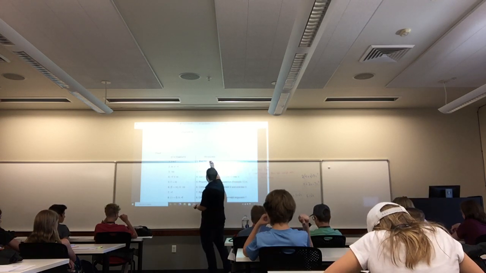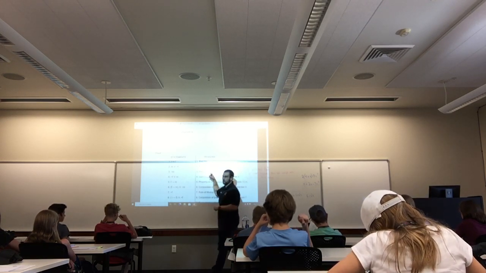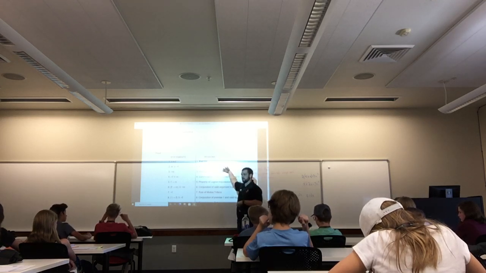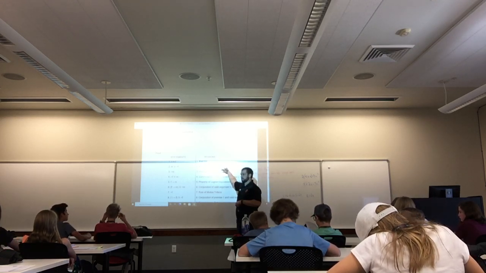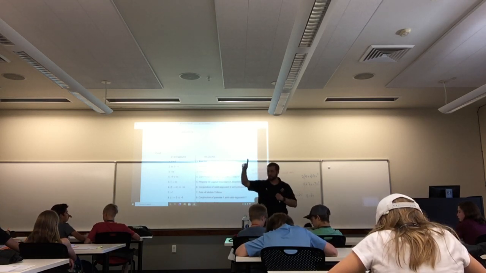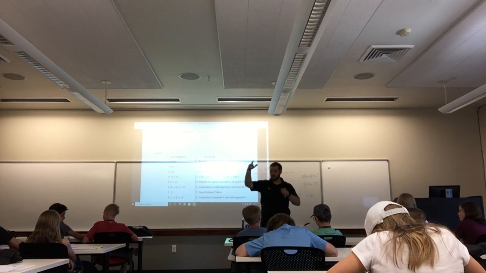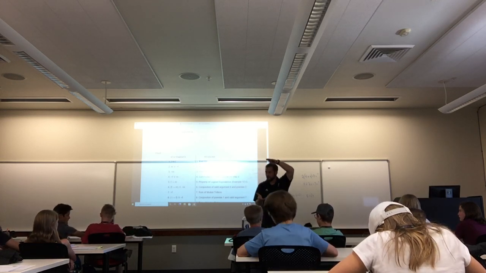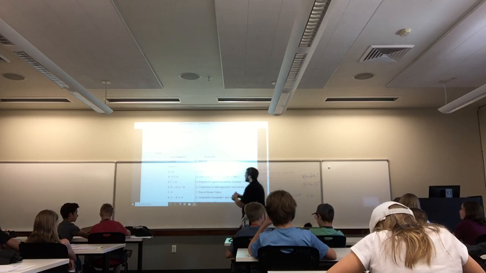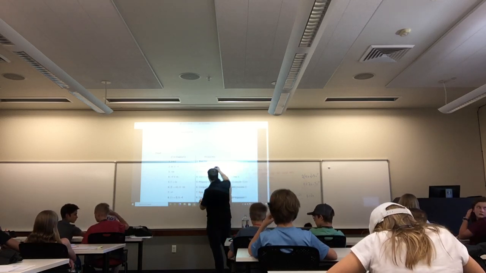You have to give your premises first, or your given statements. You always start with your givens. It's like writing a paper. You're going to start with an introduction when you write a paper, right? Then you're going to give the body of the paper, and then you're going to give your conclusion, yes? So this is like our introduction.